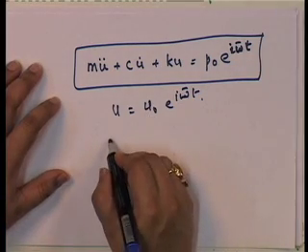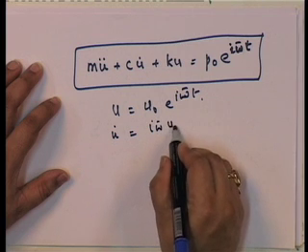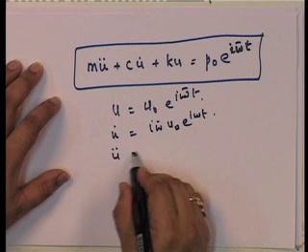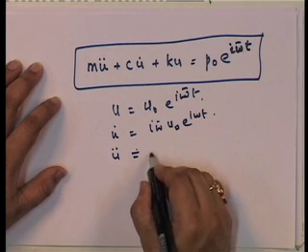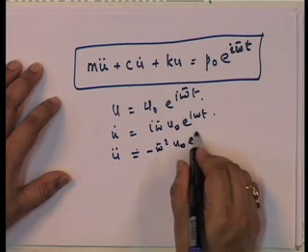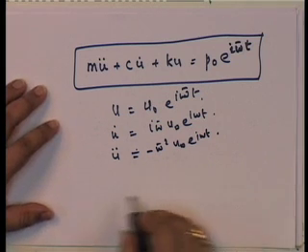If I substitute this, u dot is equal to I omega bar u e to the power of I omega bar t, and u double dot is equal to minus omega bar squared u into e to the power of I omega bar t. So, what do I get?